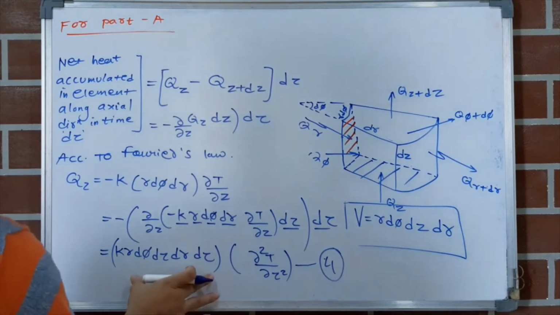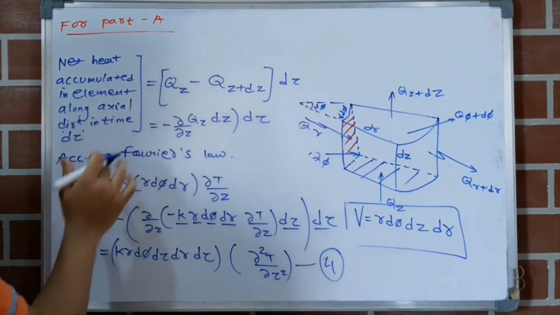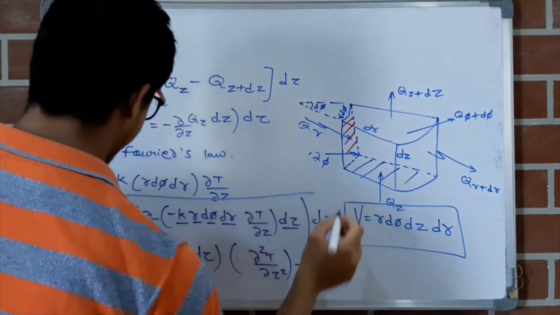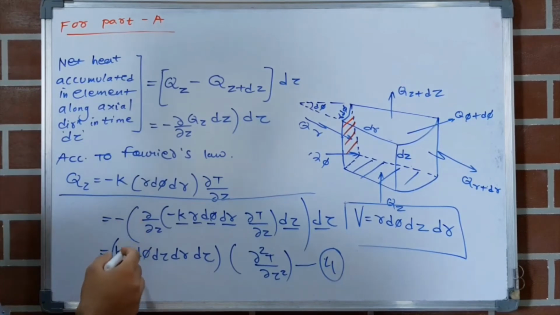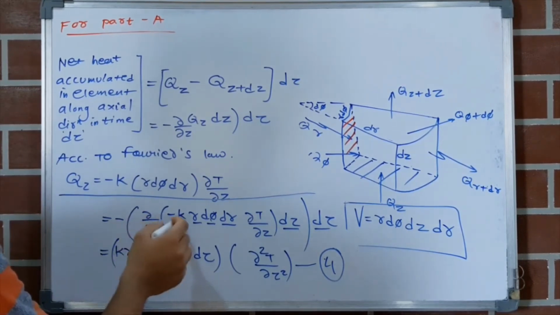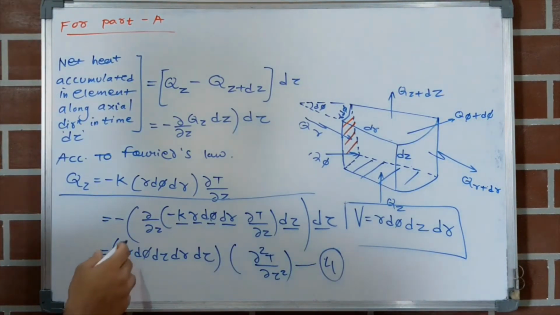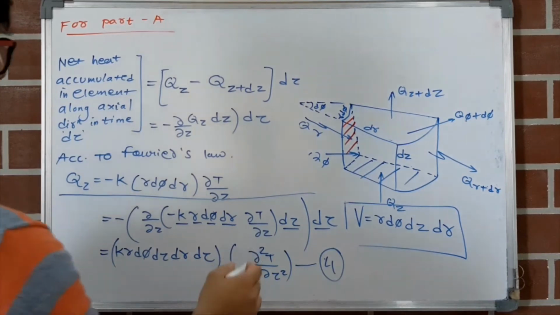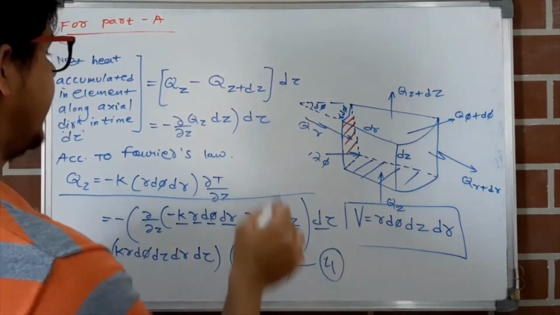So we got our final answer, that is the net heat accumulated in the element along the axial direction in time d tau is equal to k into r d phi dz dr d tau into del square T by del z square. This is the heat accumulated along the z direction in time d tau.